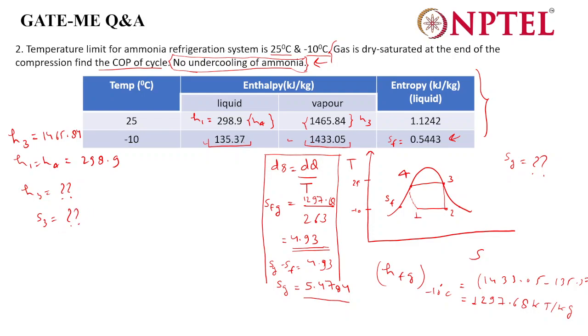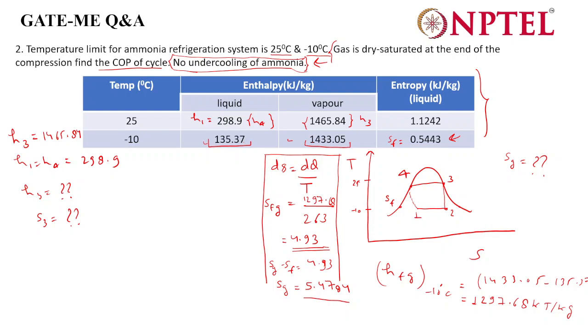s_2 equal to s_3. Actually, this is the problem where you will be getting all types of problems. So you need to think, that's why I am giving time. So first let me know how you will calculate s_3, then we'll start.